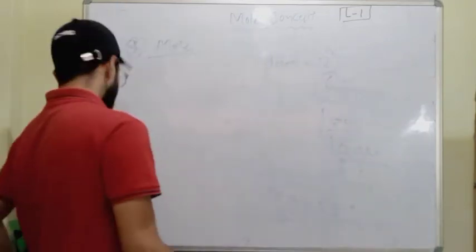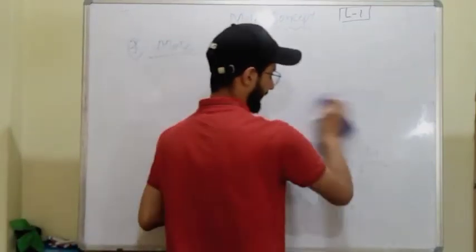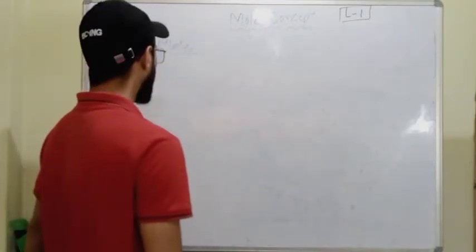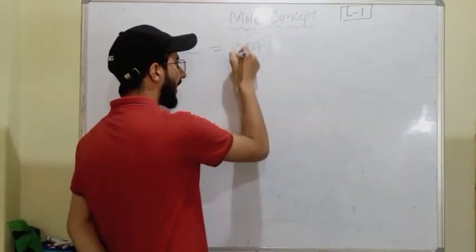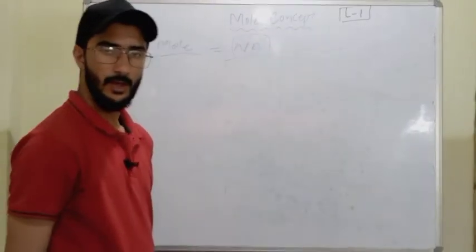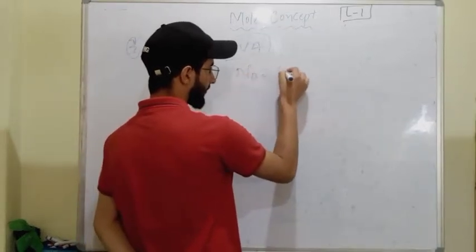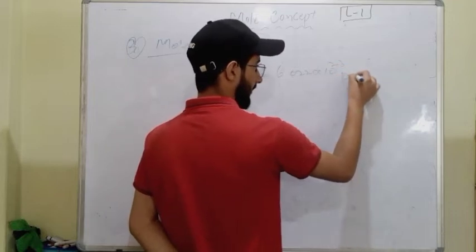1 mole is the same. It is the number of particles when we have the number of particles equal to Na. Na means the Avogadro's number. The Avogadro's number, Na, is equal to 6.022 into 10 raised to power 23 particles.